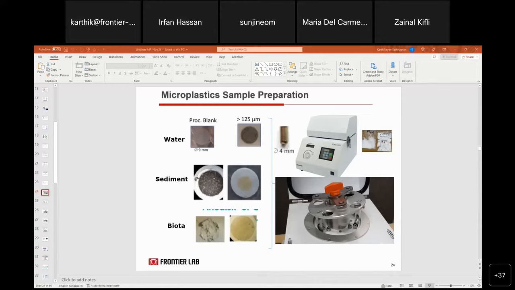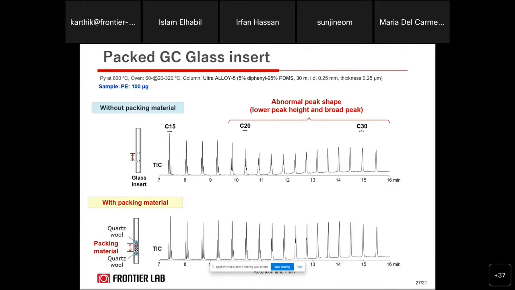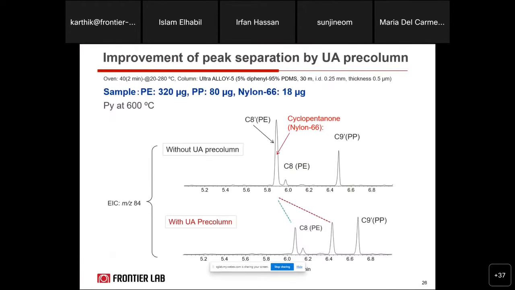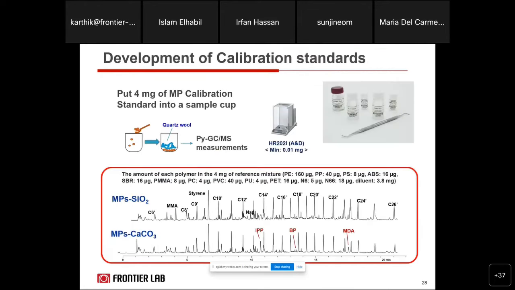The next thing is about the calibration standard, because you want to do the quantification, because of mass bearing. So I was basically explaining about this calibration mixture. We have this calcium carbonate matrix and silica, and I was telling about why we chose these 11, 12 polymers, which is based on the literature, and also the most commonly used plastics in our consumption.